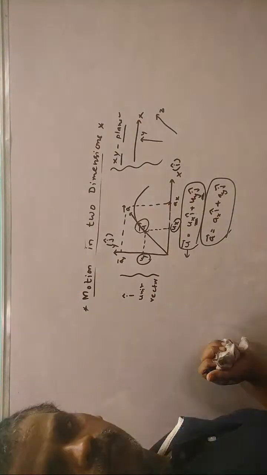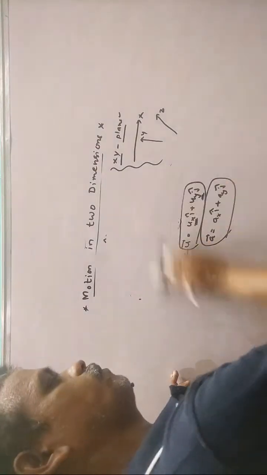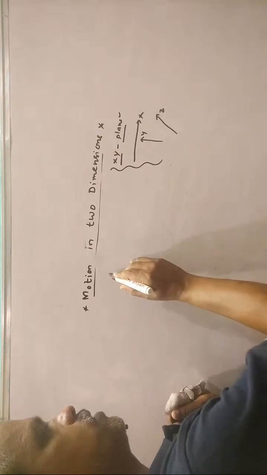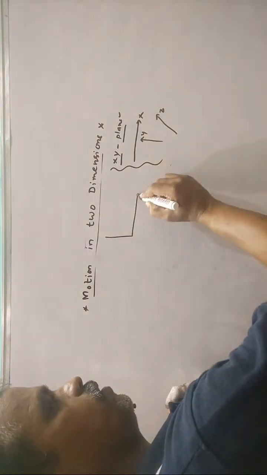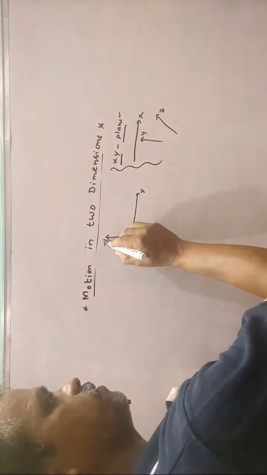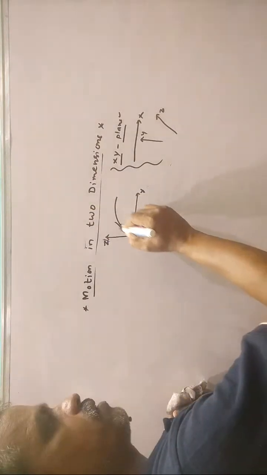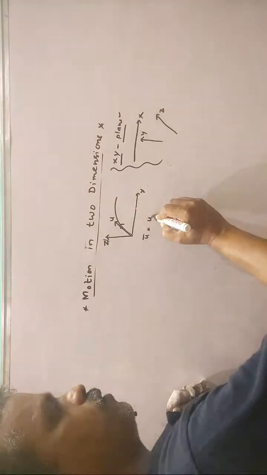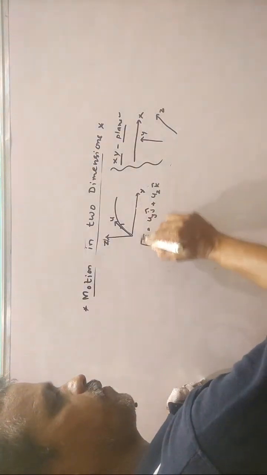It is a new topic, vectors. If the body is in motion in any plane, for example the yz plane, the motion will be like this, and we can write the velocity vector as uy j cap plus uz k cap.